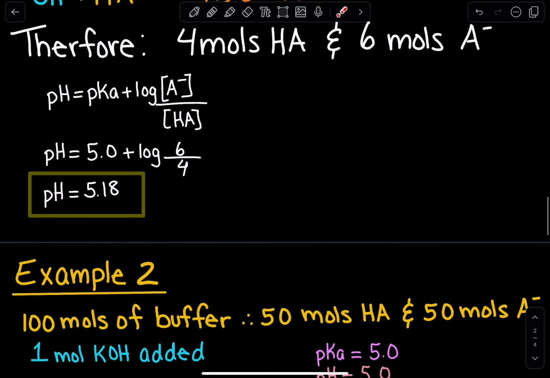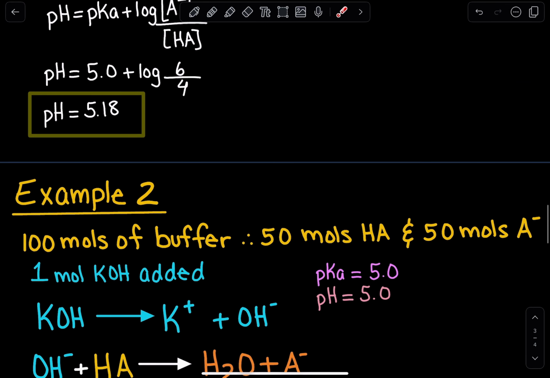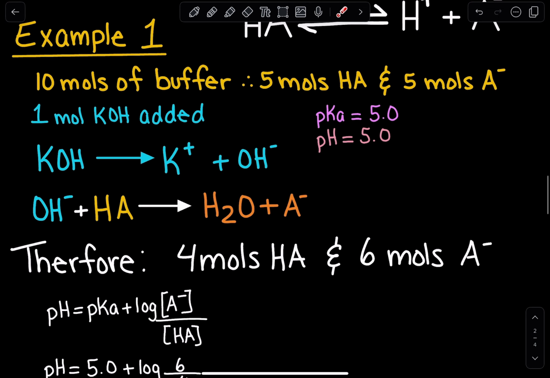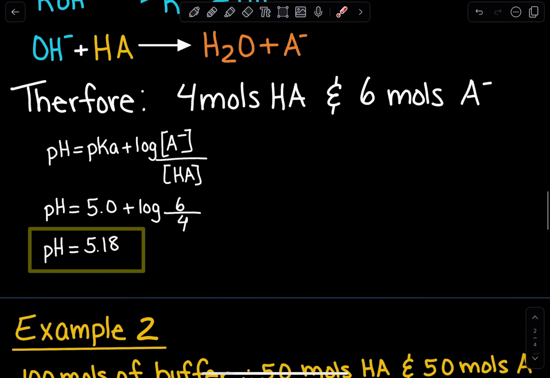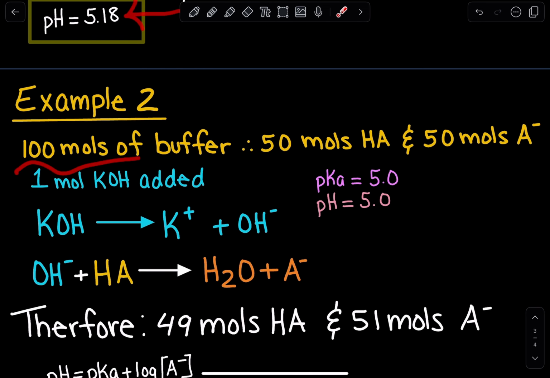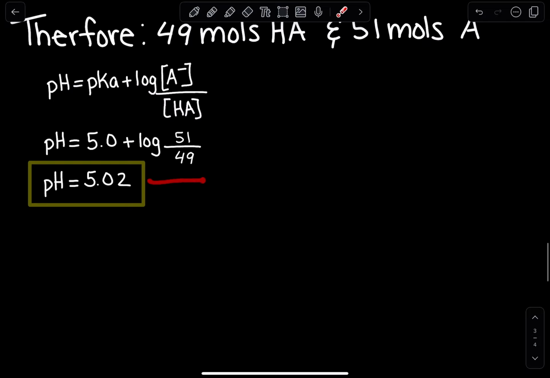What do these two examples tell us? These two examples tell us that when we have more buffer present, the greater the buffering capacity and the smaller the change in pH. So when we had 10 moles of buffer, we had a higher change in pH compared to having 100 moles of buffer, which gave us a very, very small change in pH.